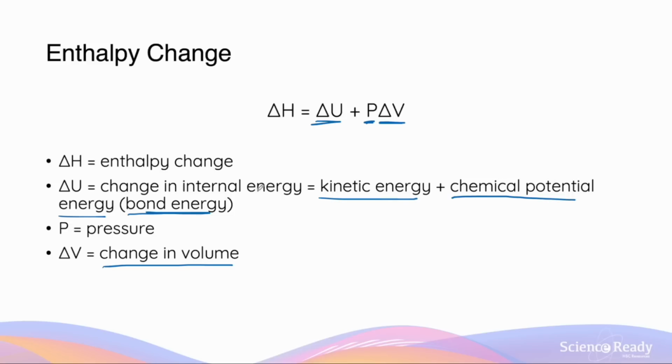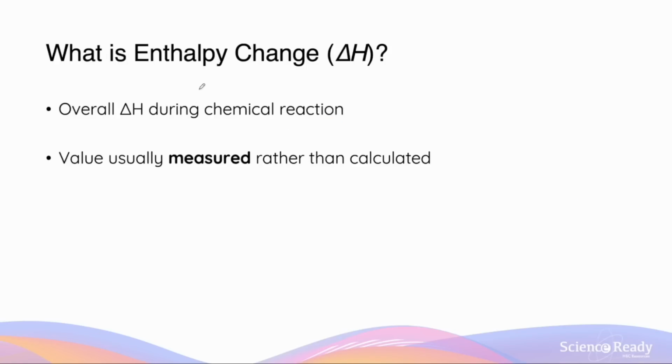Which is why you will see in a moment for most of the examples, when we are calculating the enthalpy change of a chemical reaction, we mostly consider the bond energies of the reactants and products. So enthalpy change, in simpler words, refers to the changes in enthalpy during a chemical reaction.